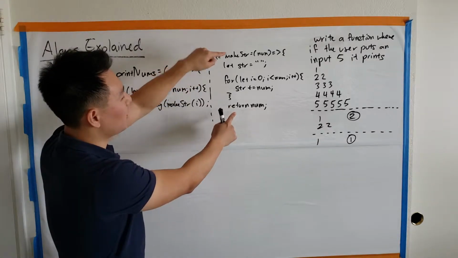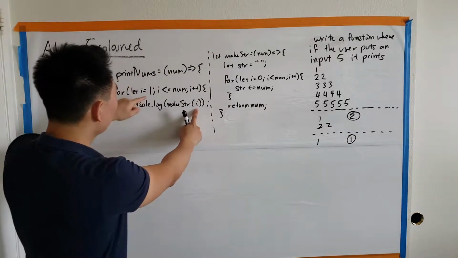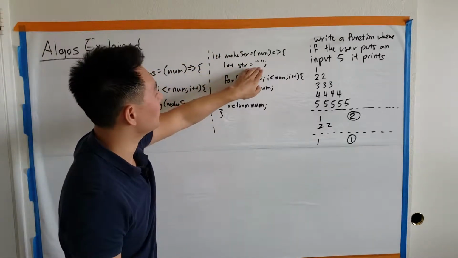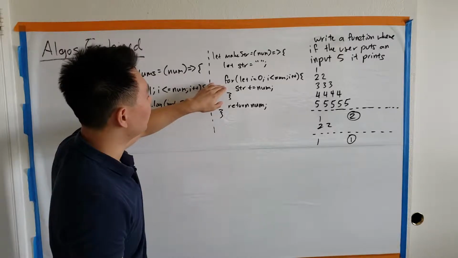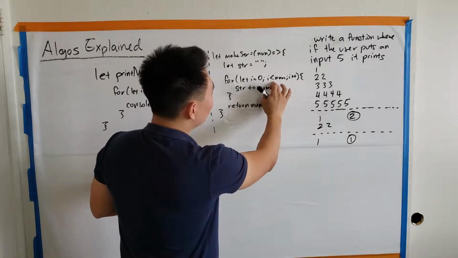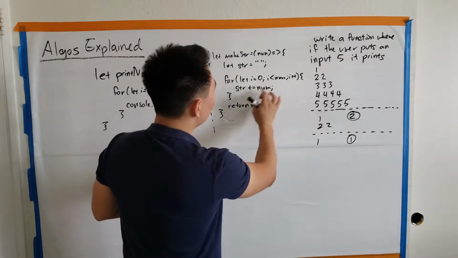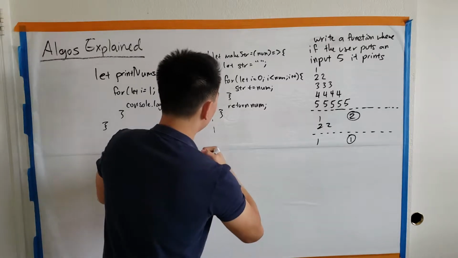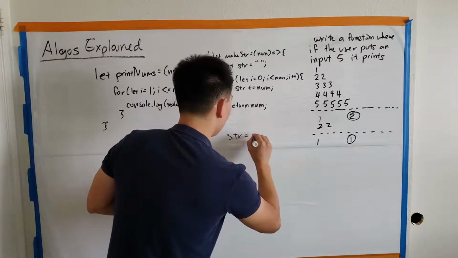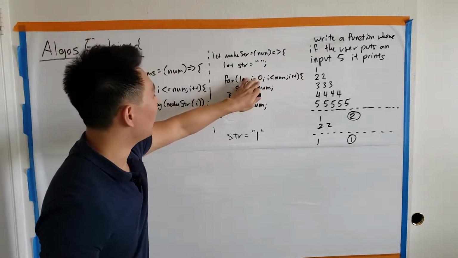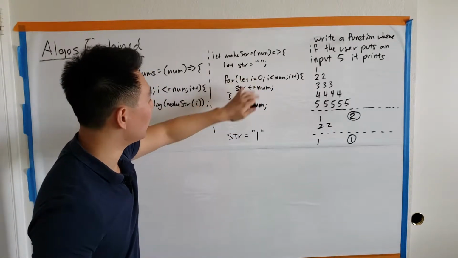This helper function is right here, and our i currently is a 1. What will happen is we have this empty string that's initiated, and then we have this for loop that will go i is 0. Since 0 is less than our num, which was 1, we'll do a string plus equals our num, which means the string at this point equals a 1. Now i will increment, so i will also be 1 now.